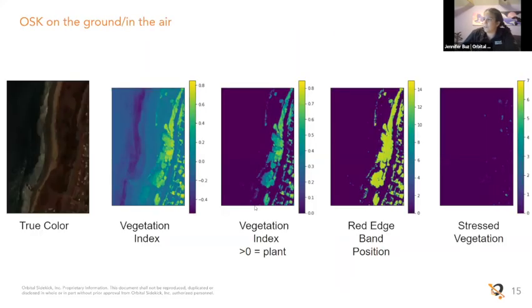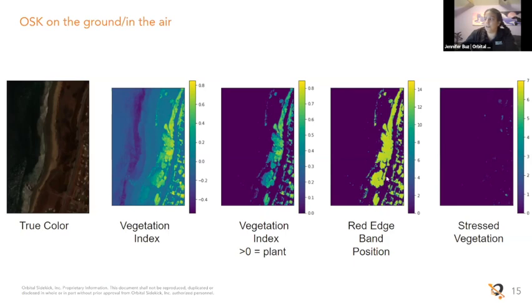And this is using actual Orbital Sidekick data over the coast of California. What I'm showing here is a true color image, and then I've created just a simple vegetation index, which is really highlighting that red edge, or that reflectance increase after the chlorophyll absorption. And then using just a filter, I'm looking just at plant pixels.